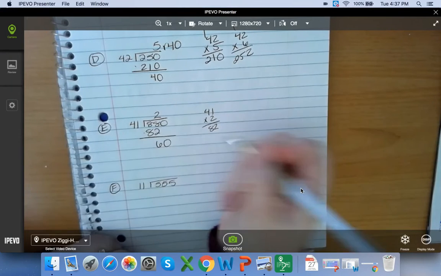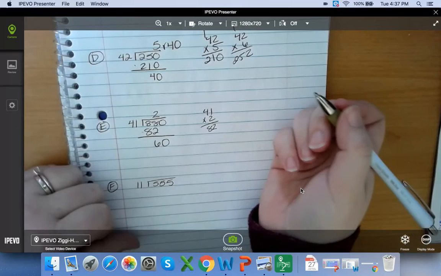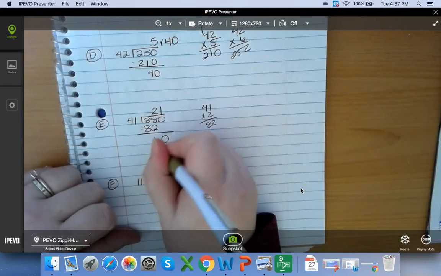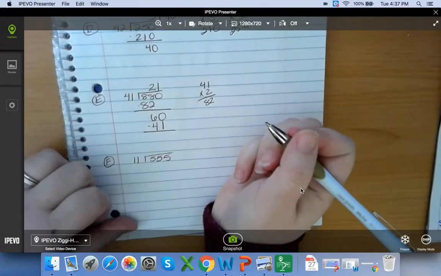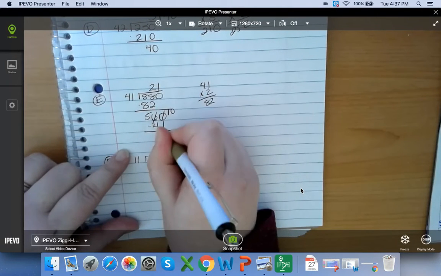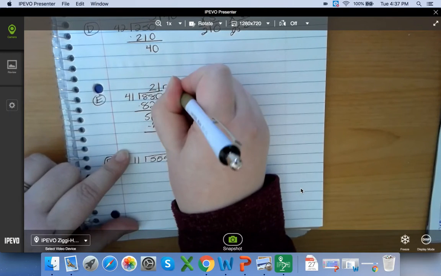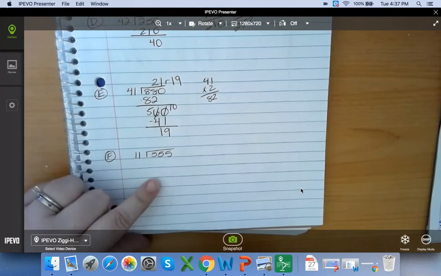Bring down that 0 now, though. So now how many times can 41 go into 60? Well, I know it can only go once. So now I've got 41 here, and now I'm going to regroup here. So 10 minus 1 is 9, 5 minus 4 is 1. My remainder is 19.